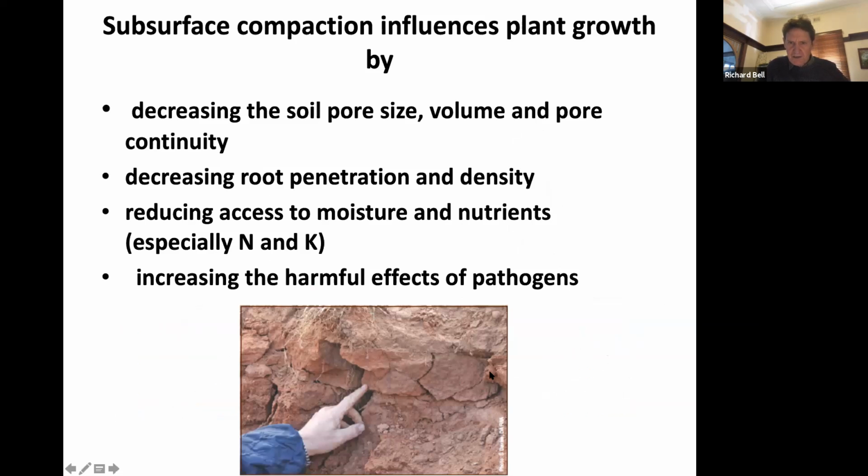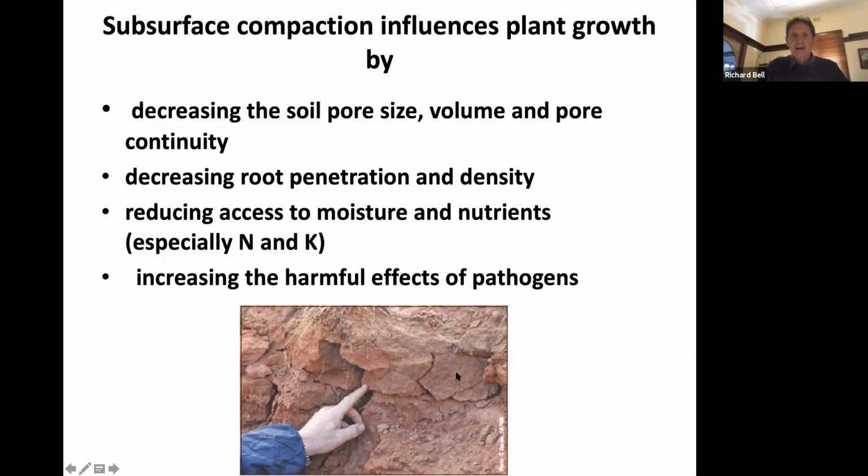So here's a photograph from one of the DPIRD publications, I think taken by Steve Davies. And in that photograph, you can actually see this very distinct compaction layer in a soil that is probably a sandy loam texture.